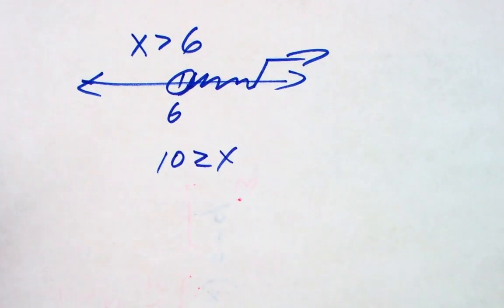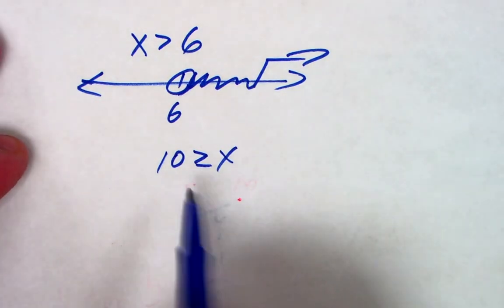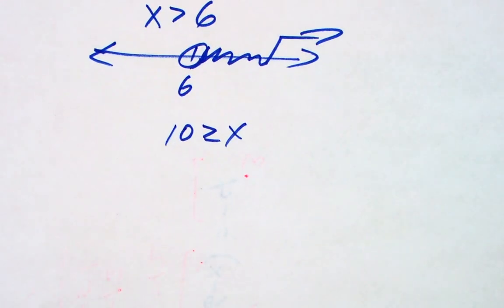10 is greater than or equal to x. Here's what we're saying. It's saying 10 is bigger than what I'm going to shade.